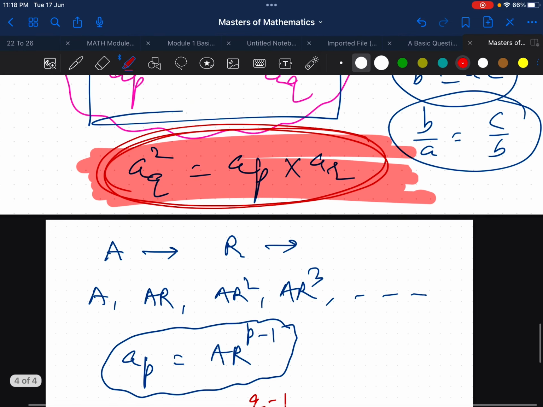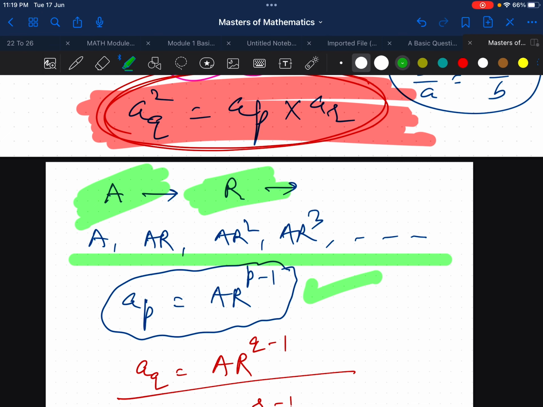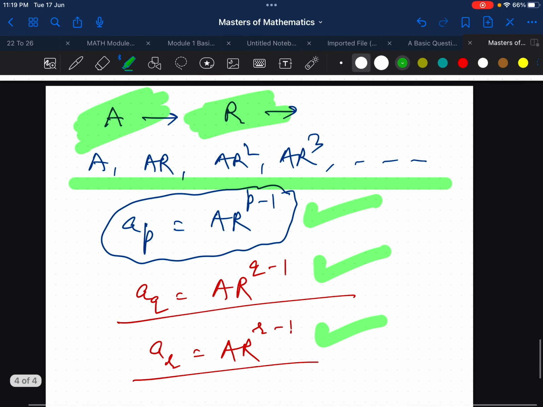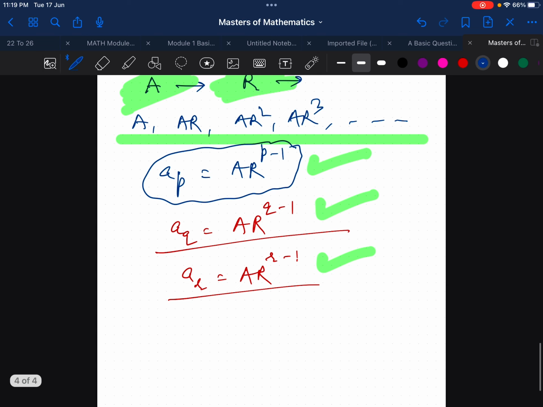I have taken any GP whose first term is A and common ratio is R. So I am taking this sequence like this. The Pth term is this one, the Qth term is this, and the Rth term is AR raised to power R minus 1. I need to prove that AQ square equals AP into AR.